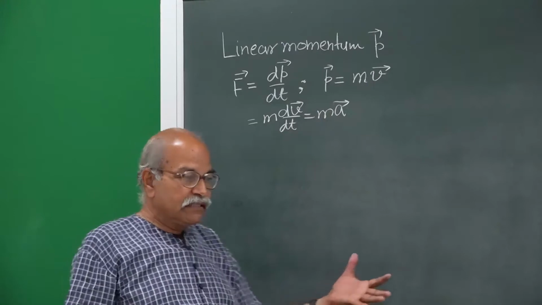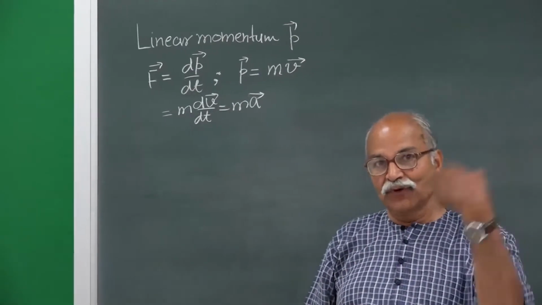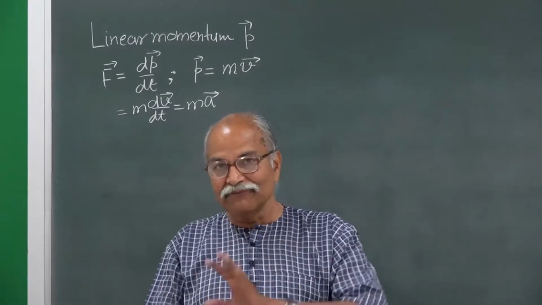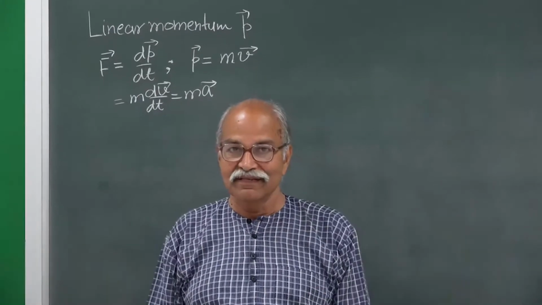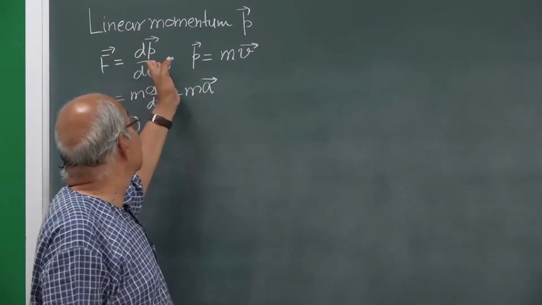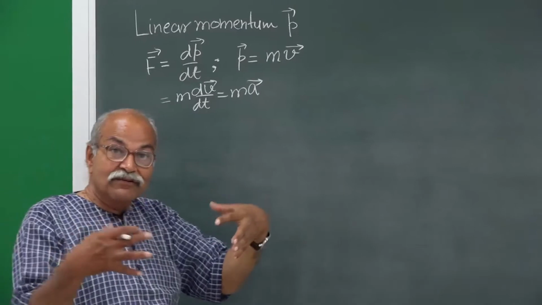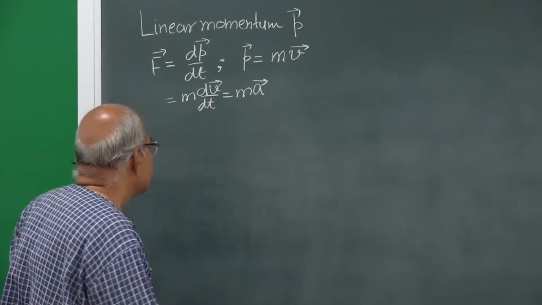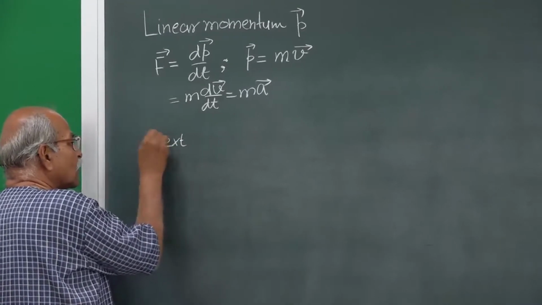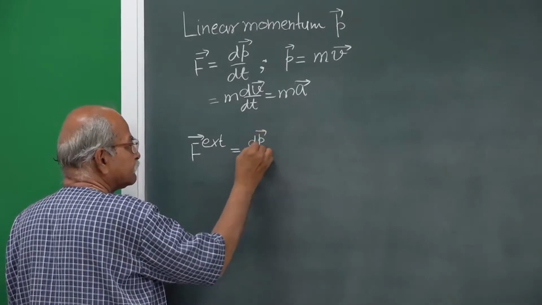And if you have a system of particles, a collection of particles, and there are forces on these particles from each other and from outside, then this equation is still valid, but then this F is the total force, all taken together, and you call it F external, that is equal to dp dt.